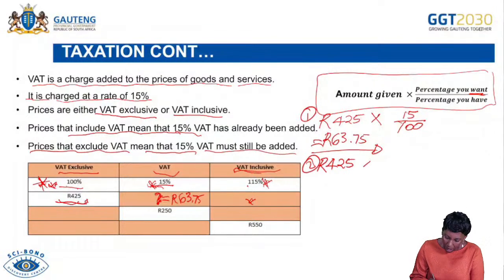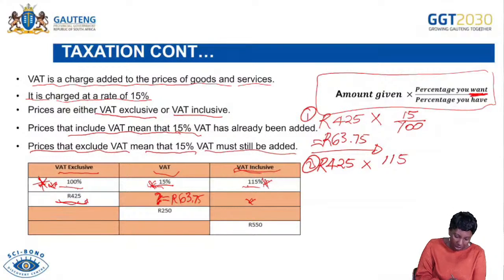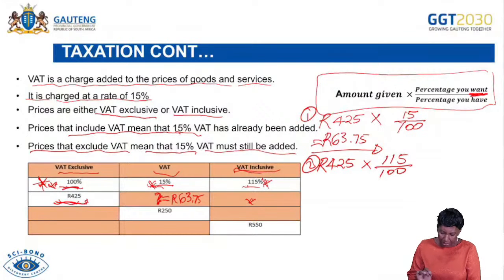And then what do I want now? I want the 115. It's the percentage I want, which is 115. What percentage do I have? It is 100. It's given because the 425 is under the 100%. Then I just quickly say, okay, 115 divided by 100.